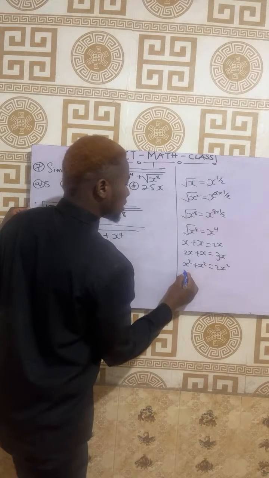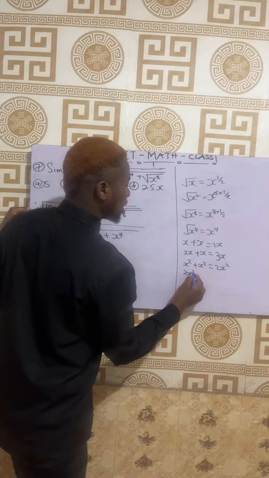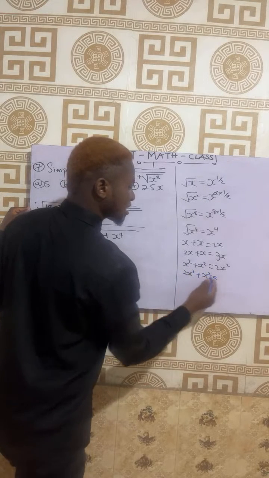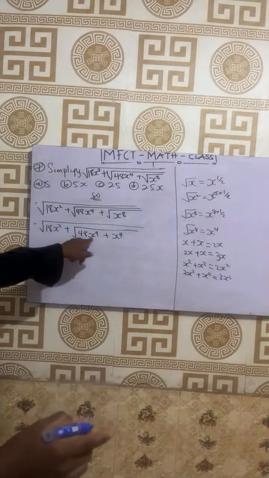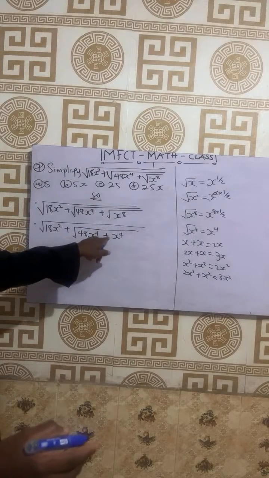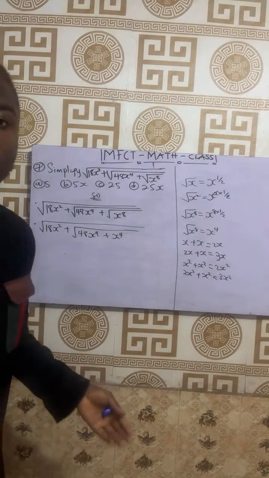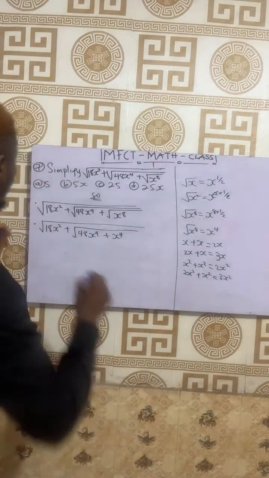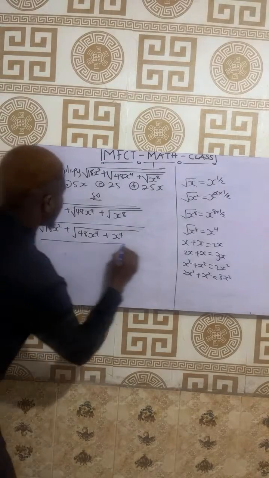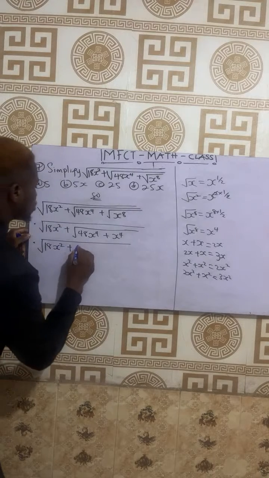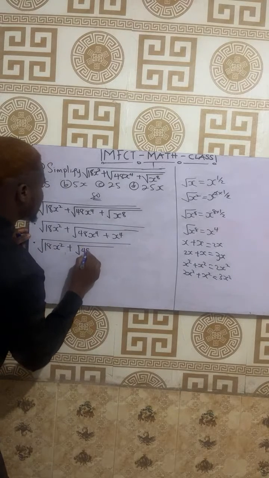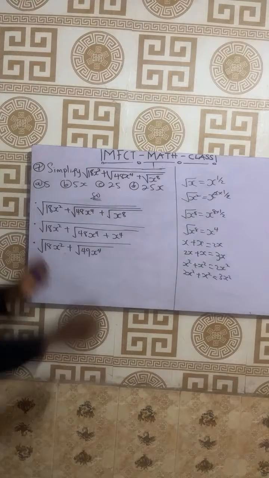And 2x squared plus x squared is 3x squared. So this simply means that 48 x raised to power 4 plus x raised to power 4 will be 49 x raised to power 4. So this will be square root of 18x squared plus square root of 49 x raised to power 4.